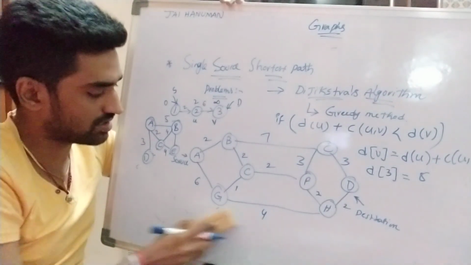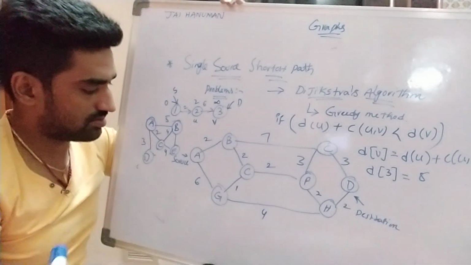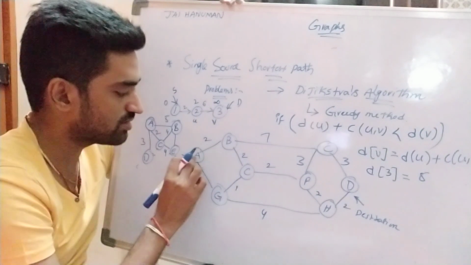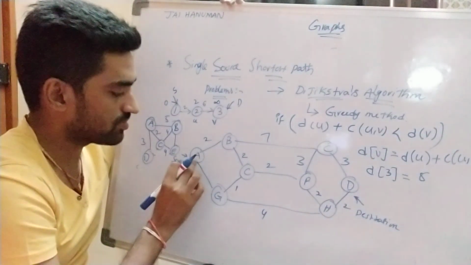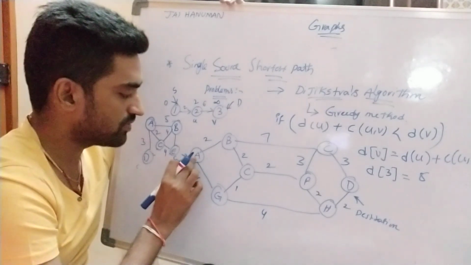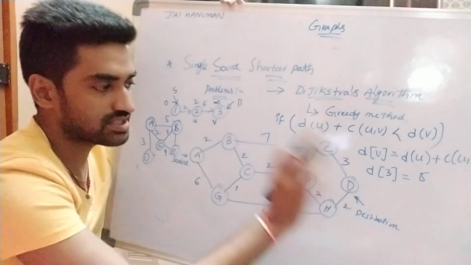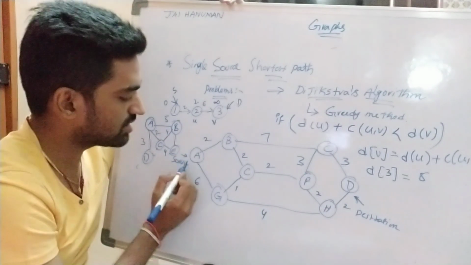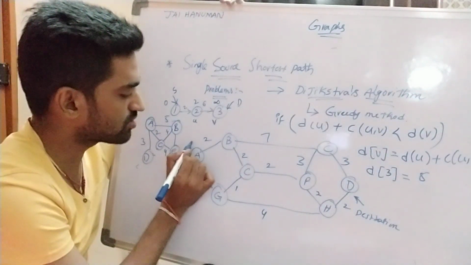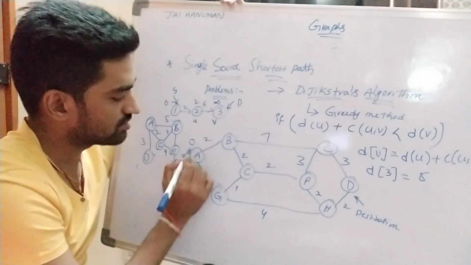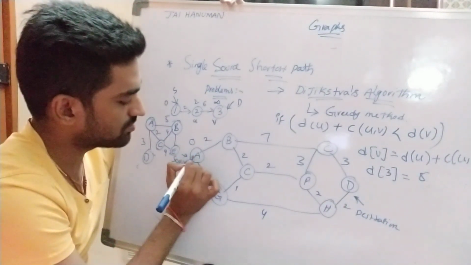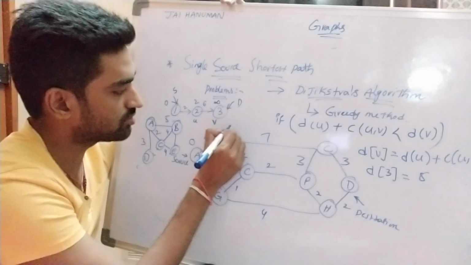Here I am considering this graph. In this graph, I want to find the minimum cost path from source A to destination D. Initially, what is the distance of source node A? 0. What is the cost distance between A to B? 2.